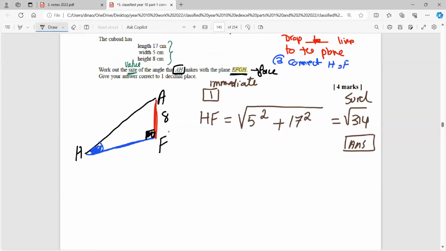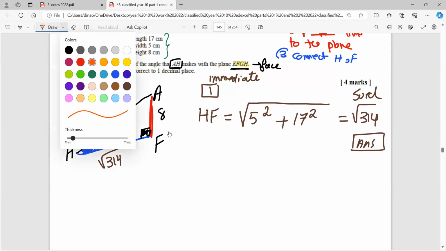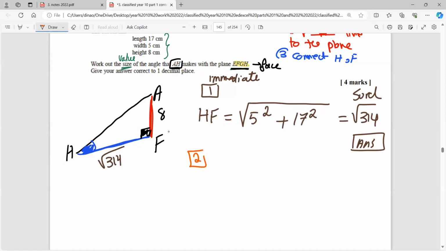Now, let's go back to the triangle that contains the angle that I wish to calculate. We just calculated the blue line, which is HF, root 314. Now, I can easily move on to step number 2, which is calculation of my angle.